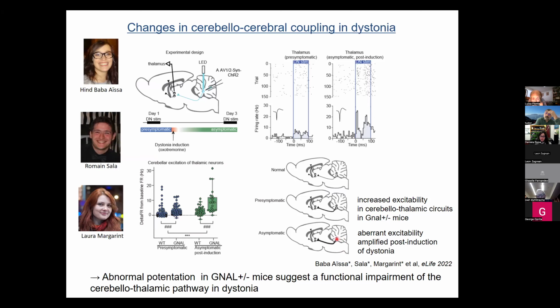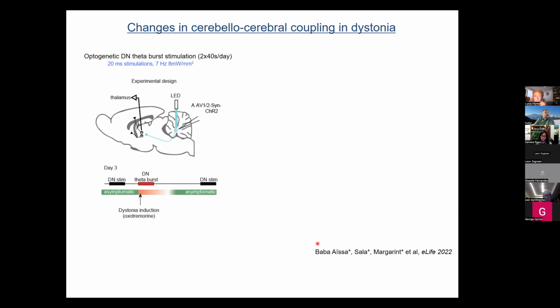I put a scheme here to show that we have an even higher aberrant excitability post-induction of dystonia. So we have this abnormal potentiation in these mutant mice that suggests a functional impairment of the cerebellothalamic pathway in dystonia, even without the dystonic movements.